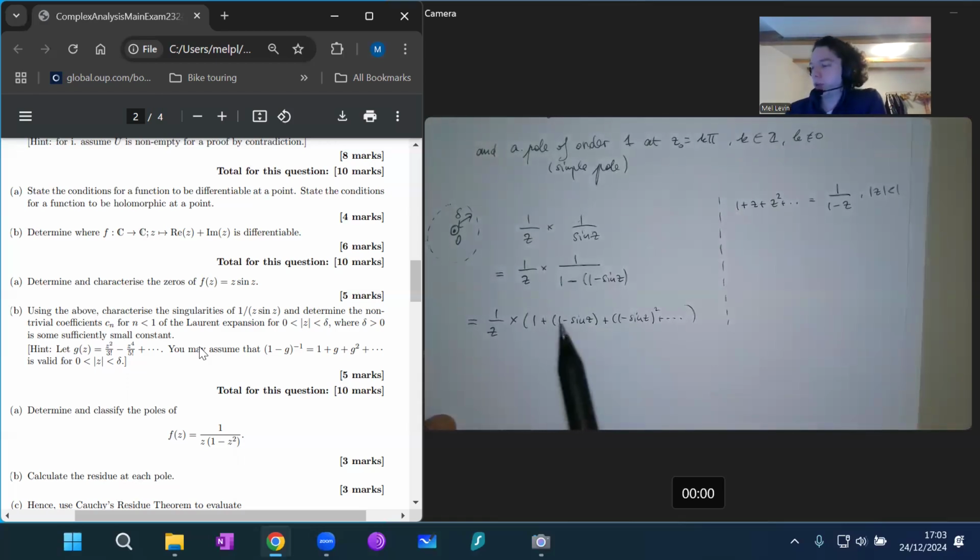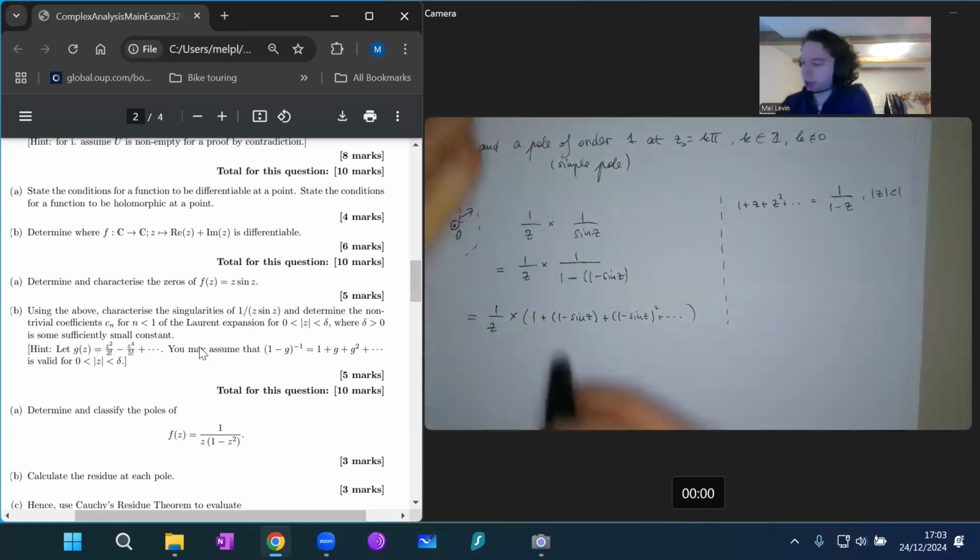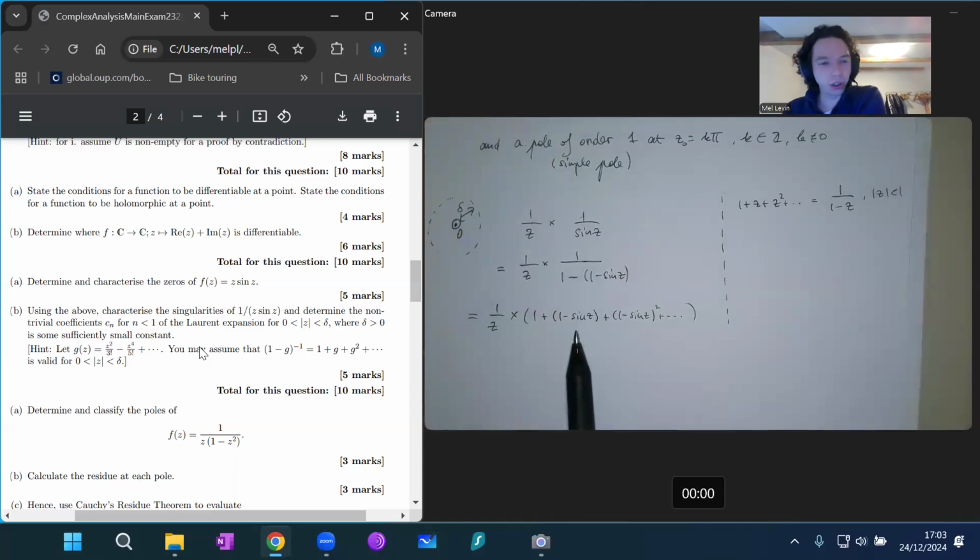And now what they're suggesting is, well, we want this in powers of z. Ah, okay, wait. Sorry, no, that's not going to work. I was thinking of replacing sine z with its Taylor expansion.